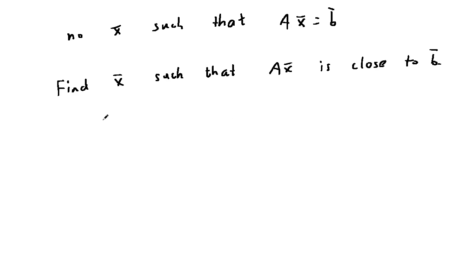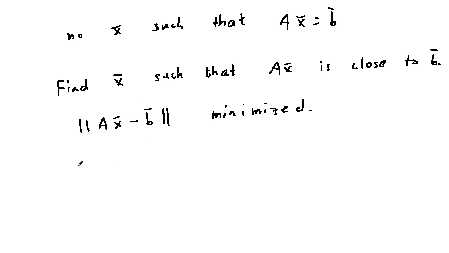In other words, we want a vector x such that the distance between Ax and b is minimized. We want to minimize this distance here.